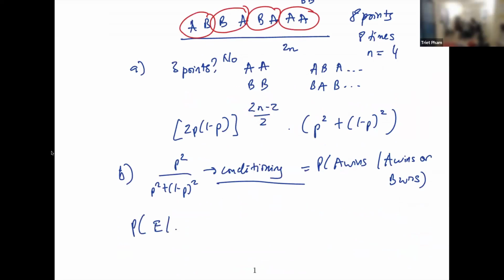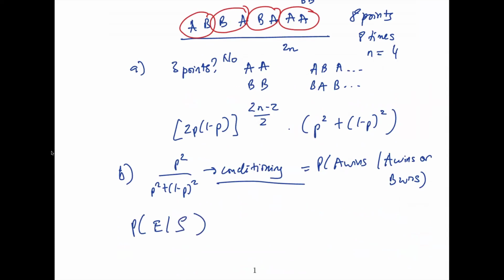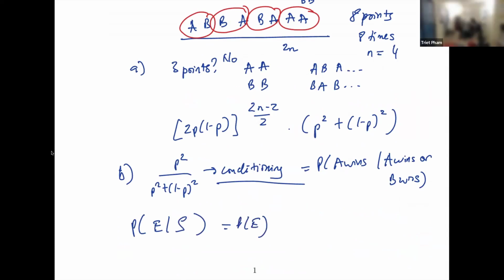What do you think the probability of E conditioned on the whole sample space is? Just E. Probability of E. Correct, because the whole sample space doesn't give you any extra information. So if you're not careful, what you're saying turns into that, P of A wins. You're not putting extra structure into this question. What your friend said is actually slightly different.